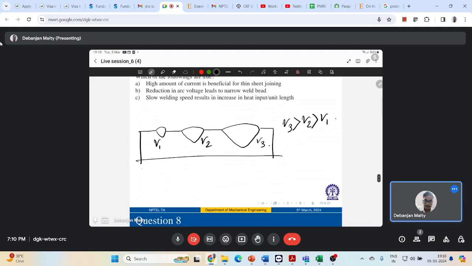So if your voltage is increasing, it forms porosity, it forms spatter, and if my voltage is getting reduced, the weld bead will be narrow.